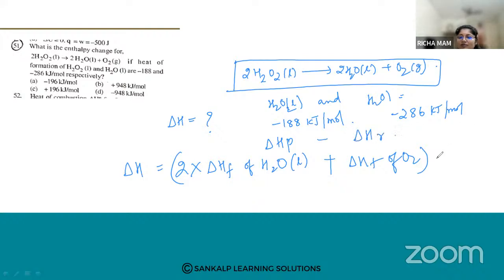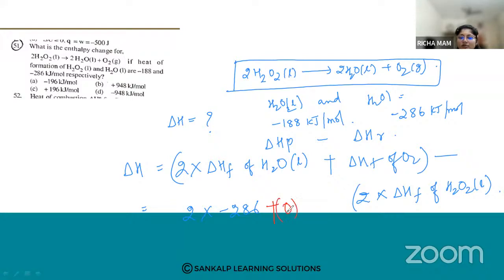Minus 2 into delta HF of H2O2. So put the values. 2 into delta HF of water, which is minus 286, plus O2, which is 0.